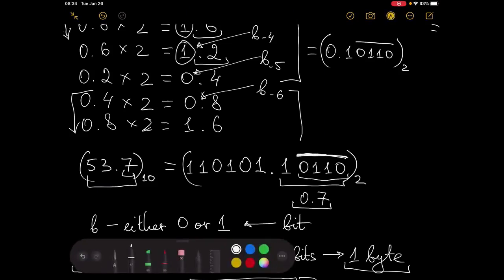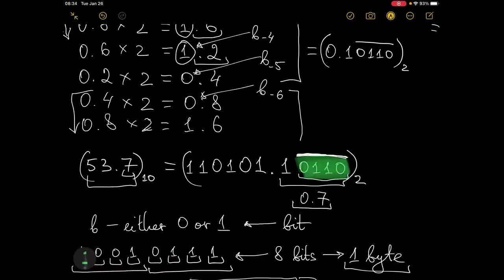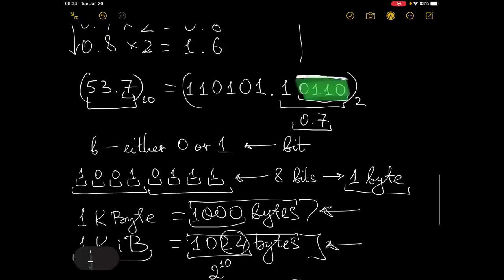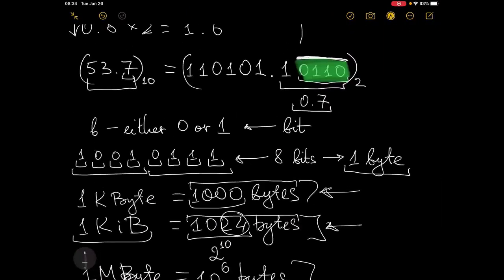So this part is infinitely repeating. So really, this number looks like, I would need to write this, and so on infinitely. So it means that even 0.7 you cannot represent exactly using any realistic computer. Okay, is it clear or not? Any questions?